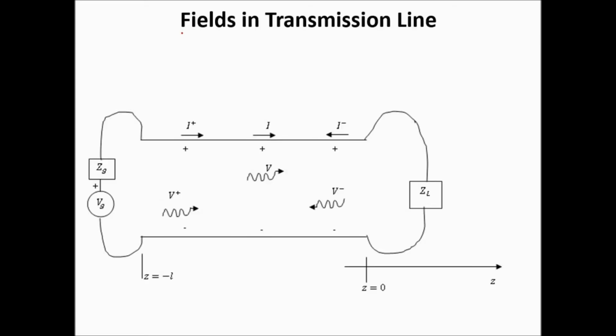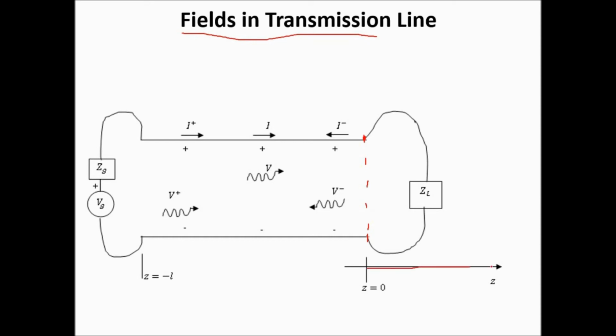So let us find the voltage and current in the transmission line. So we have one voltage wave that is propagating in the positive z-axis. So let's assume this is my z equal to 0 at this interface. So you connect the load here. So this is my load side at z equal to 0.